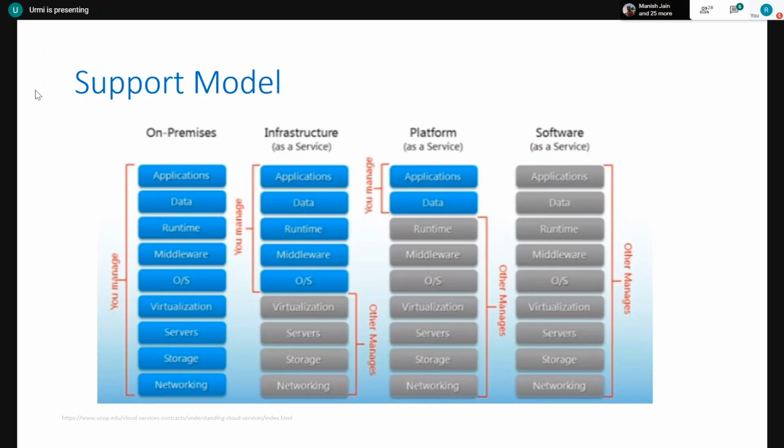And last but not the least, software as a service. This refers to a model where everything is managed by the third party. Usually this is done by service providers who will manage everything for you. So if you've ever booked on Expedia or Netflix, you're just consuming the service.